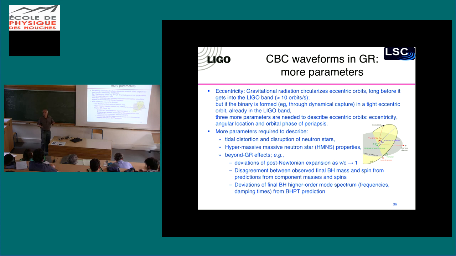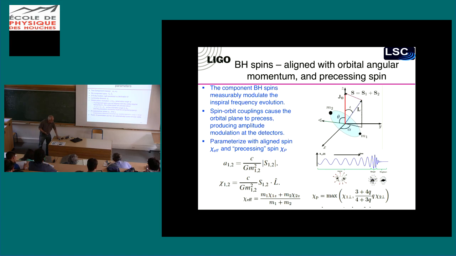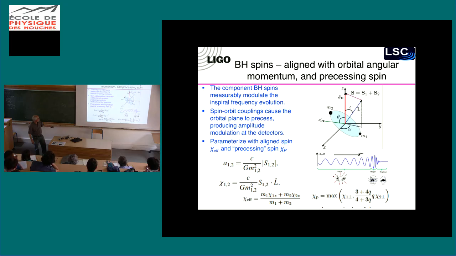So there's a lot more parameters you can add. Oh, what I wanted to say in the previous slide is that if you start with intrinsic parameters, M1, M2, and 3 spins, and another 3 spins, that's 8 intrinsic parameters. That's a large parameter space. That's why we choose these two, chi effective and chi precession, to reduce the parameter space from 6 spin components to only 2.